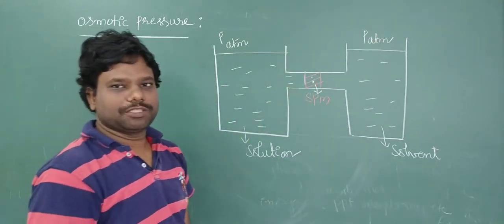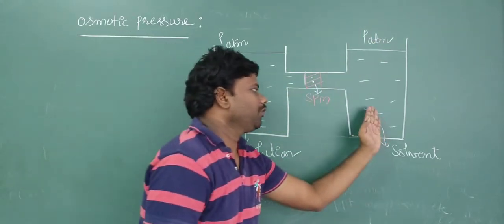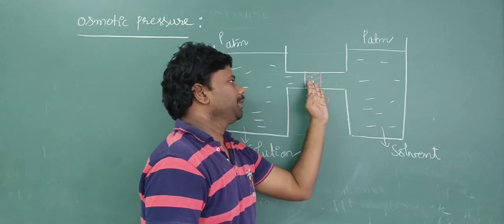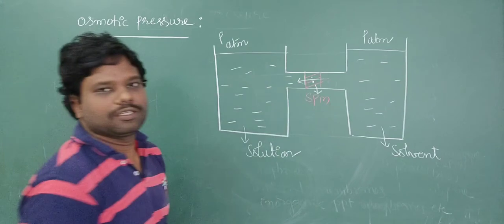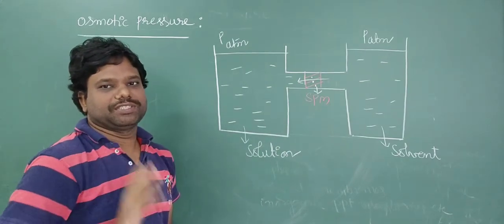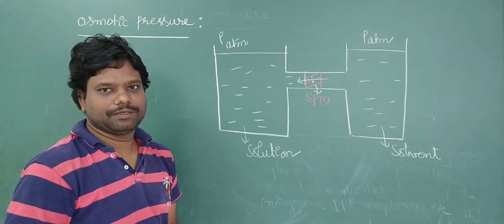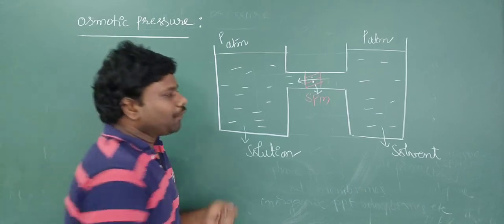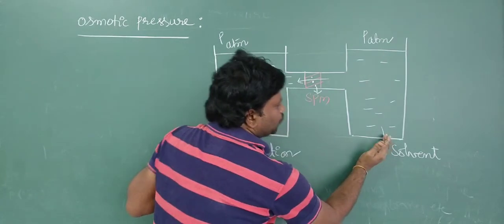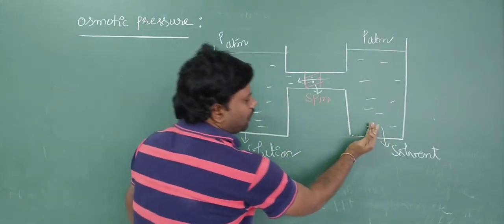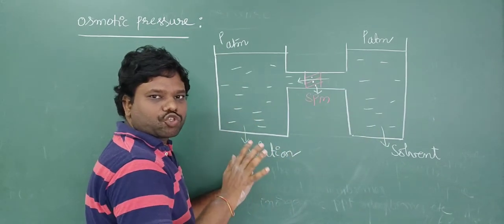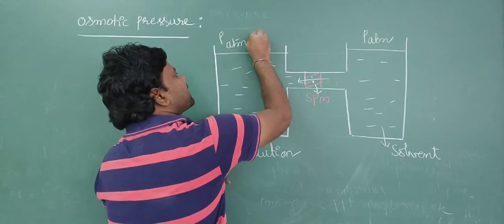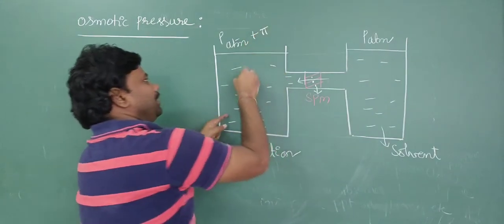Generally, osmosis means the flow of solvent molecules through a semi-permeable membrane from solvent to the solution. Now, this flow can be stopped by applying extra pressure on the solution.